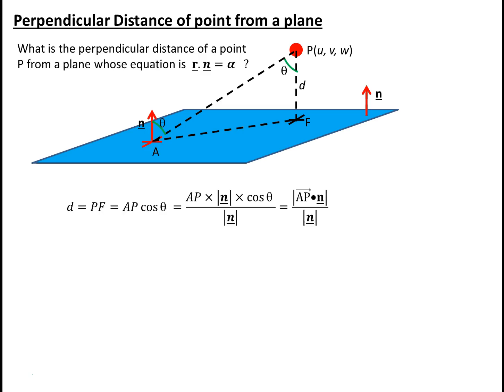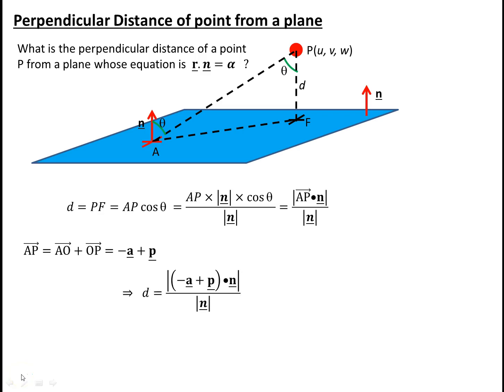Now AP, the movement from A to P, is equivalent to moving first from A to O and then from O to P. A to O is the opposite of O to A, so A to O is minus a, and O to P is simply the position vector of the point P, which we'll write as little p at the moment.